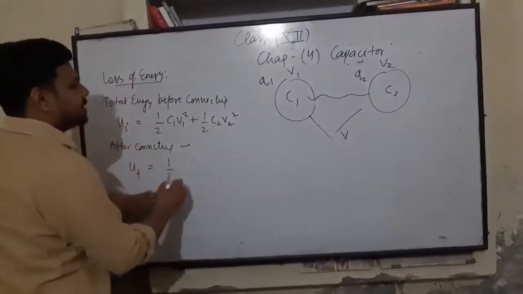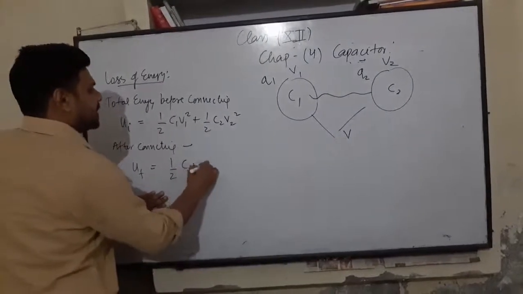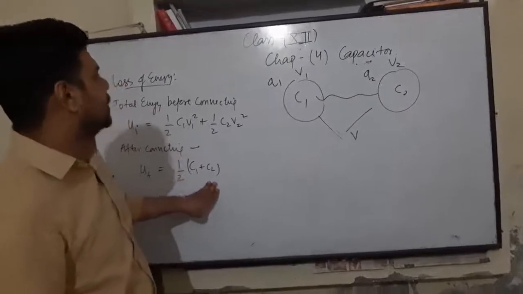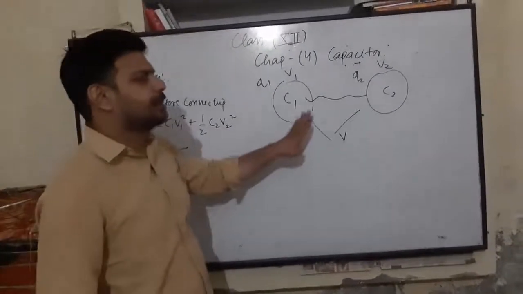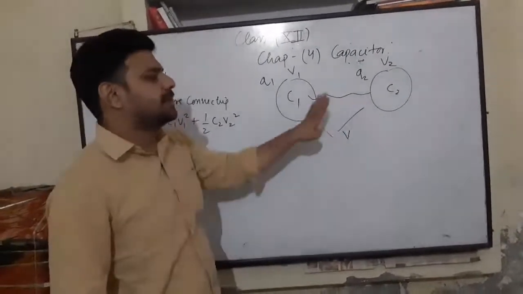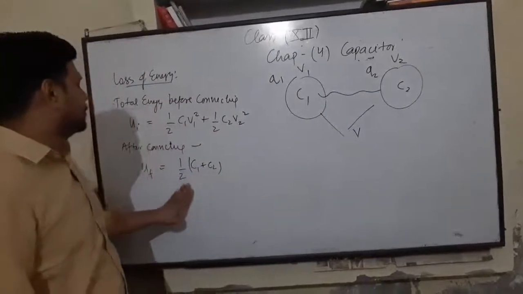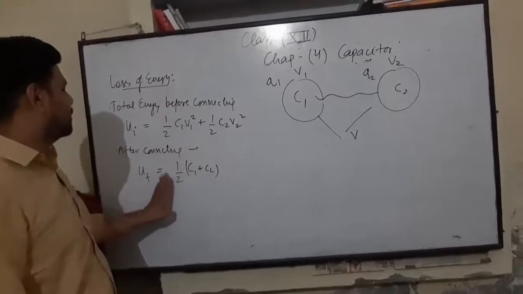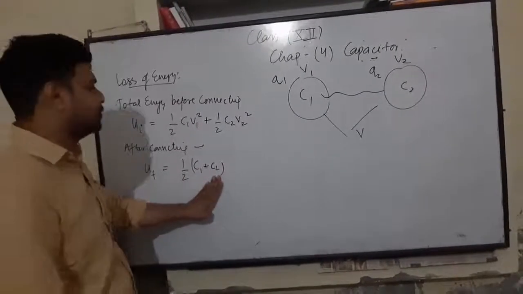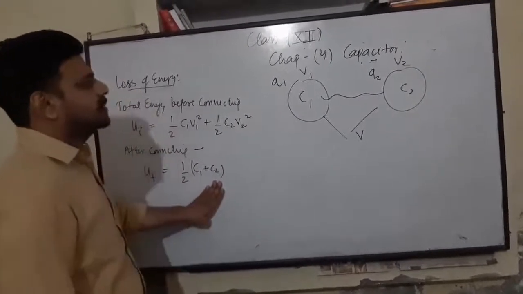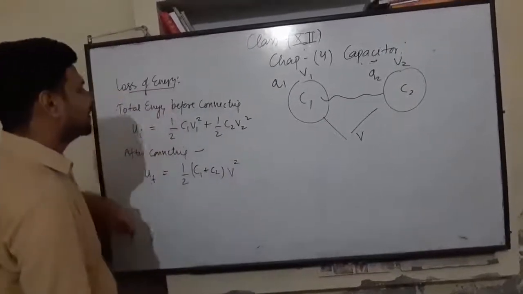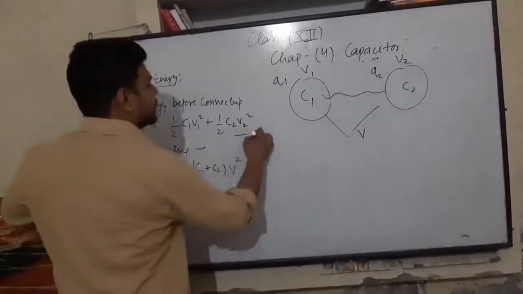So, the equivalent capacitance is given by C1 plus C2. I have told you in problems related to common potential, we join these capacitors in parallel. So, total energy after connecting, UF, is equal to half C1 plus C2, and now they are at common potential V square. So, these are two equations.